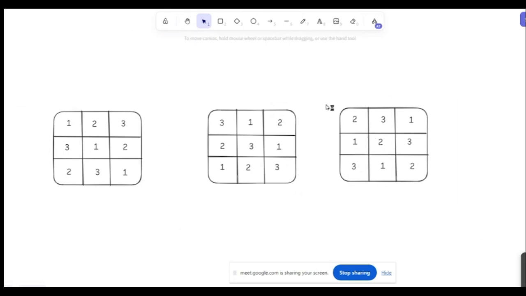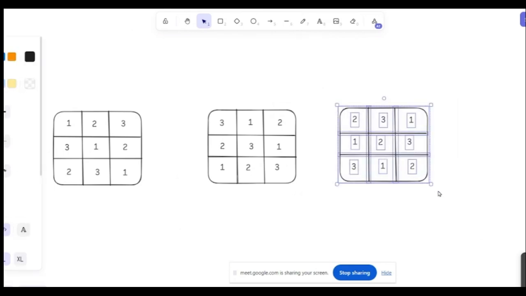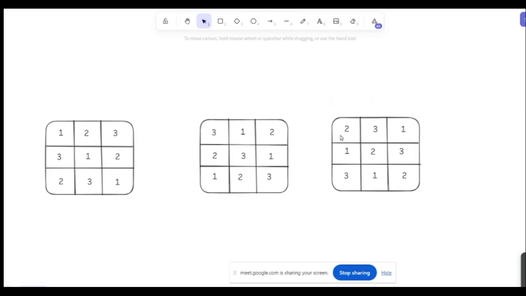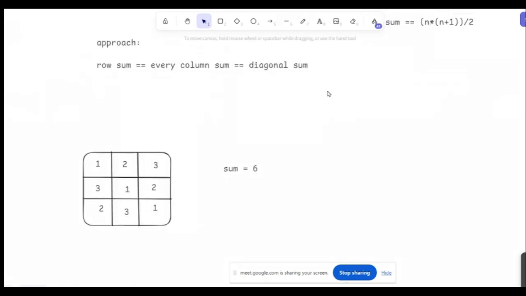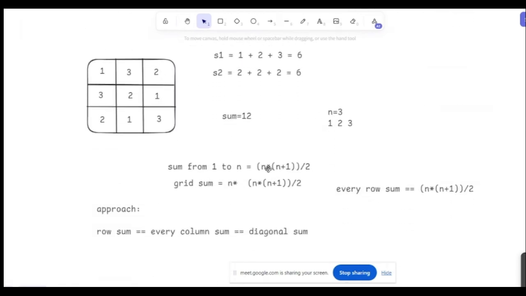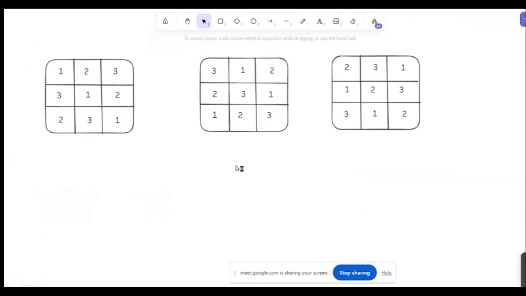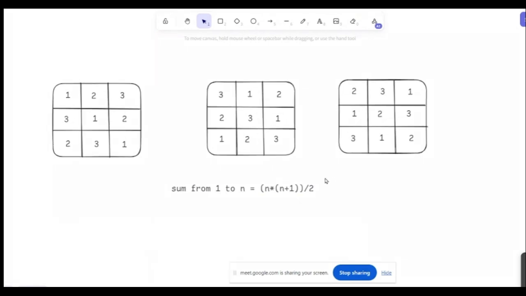Now our approach is reduced to finding the number which we can place on the left diagonal. So we have to find the number which, times n, equals the sum of 1 to n numbers. Here we have the formula: sum of 1 to n numbers is n into n plus 1 by 2, right? Now here n is odd.